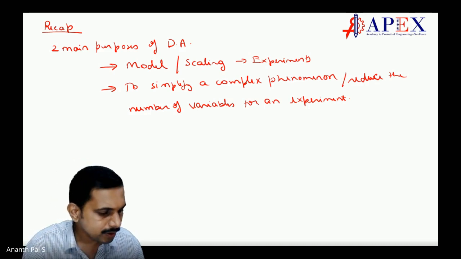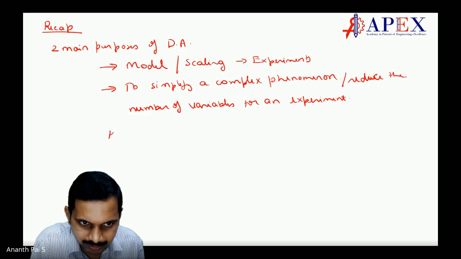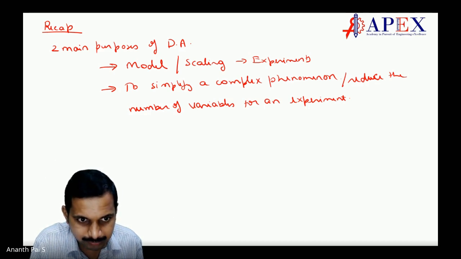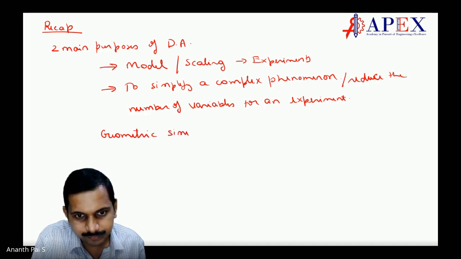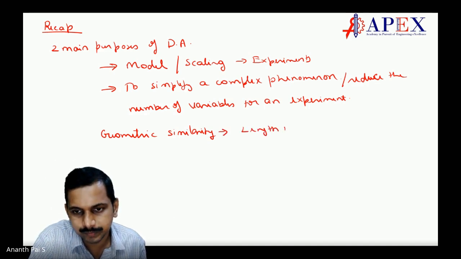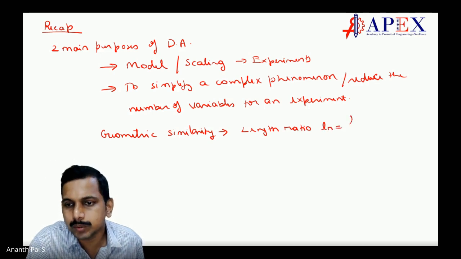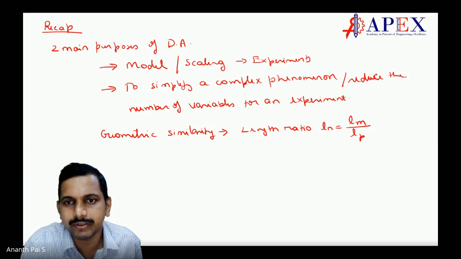Okay, fine. Now we had seen geometric similarity, where we talk about length, right? Length ratio, LR, which is equal to a particular length of the model divided by that particular length of a prototype.